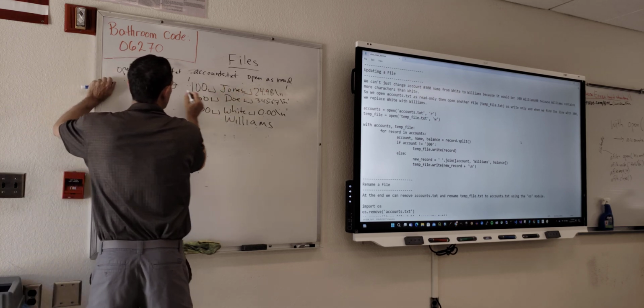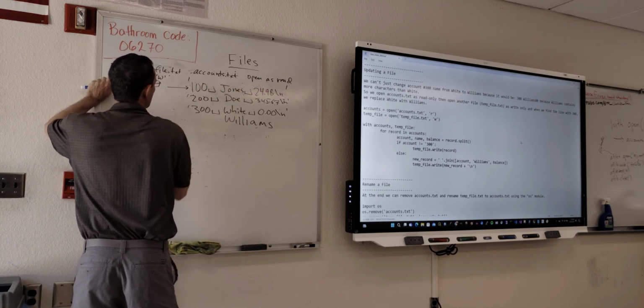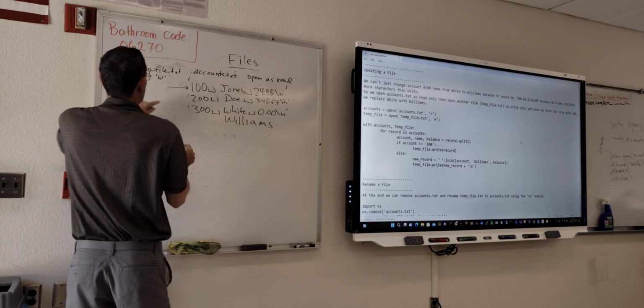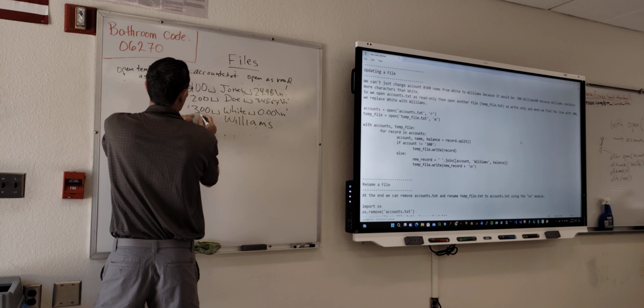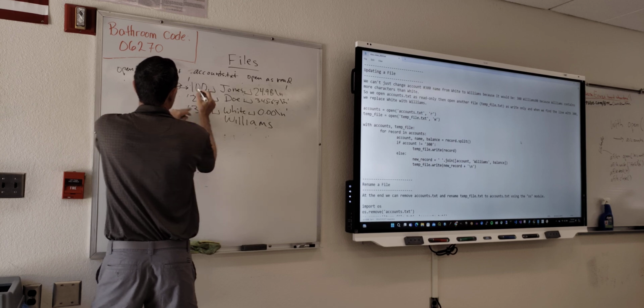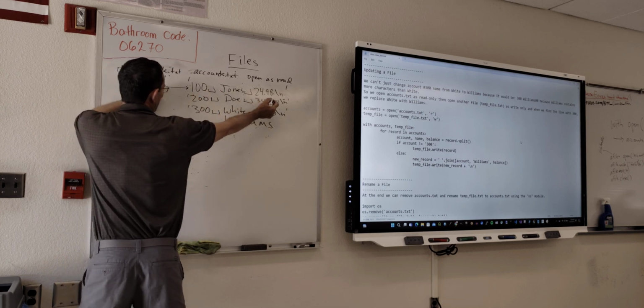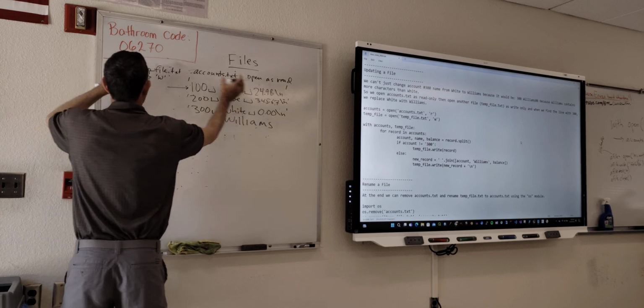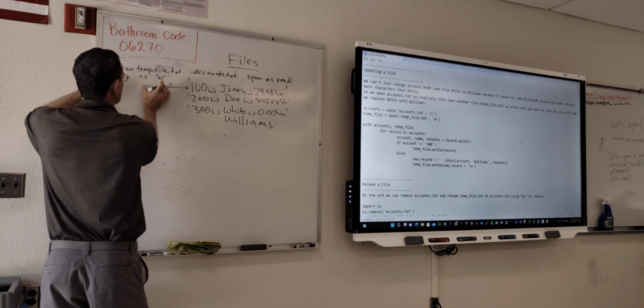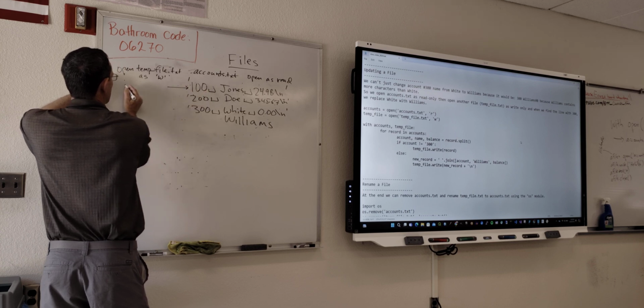This one's read, so we're going over here and looping over each line, looking for 300, and then we're going to change it. If it's 100, we just write it. You can have 2 files open at the same time, and then we write it to this file.